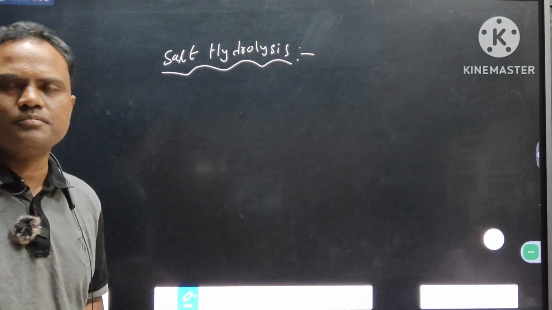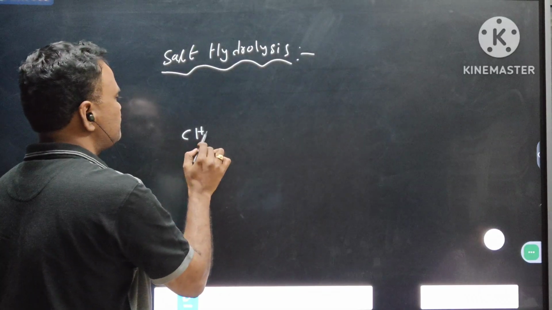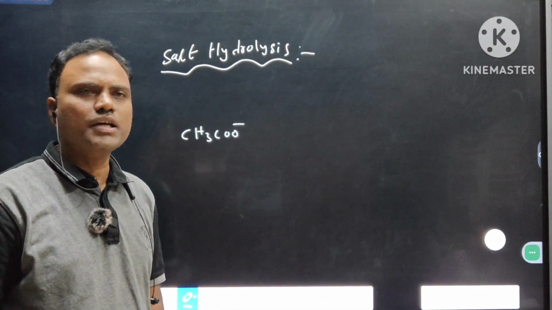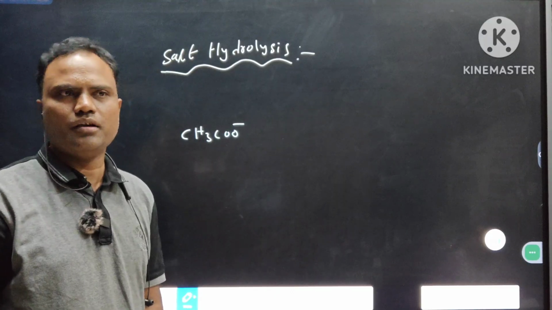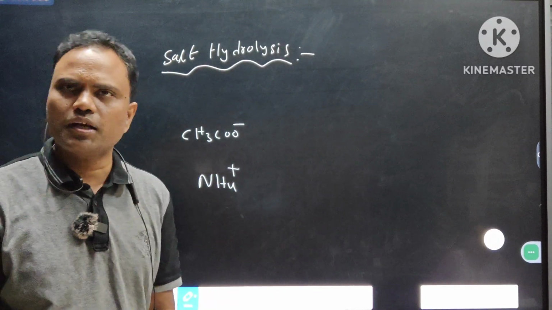Salt hydrolysis. Look at this, all of you. Is this a cation or an anion? Anion. And this is a cation.